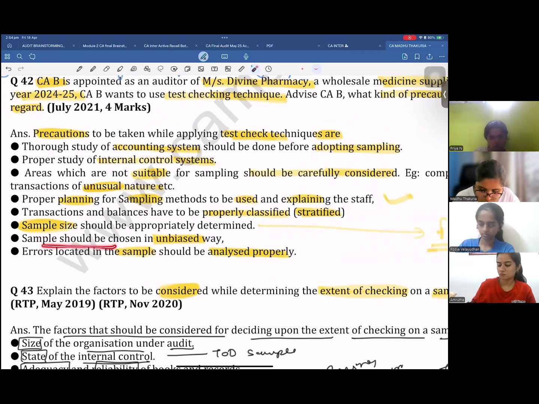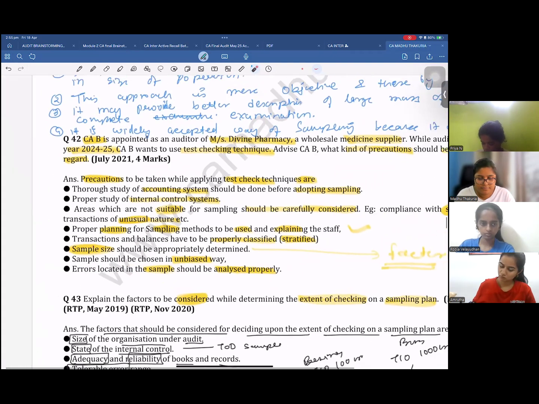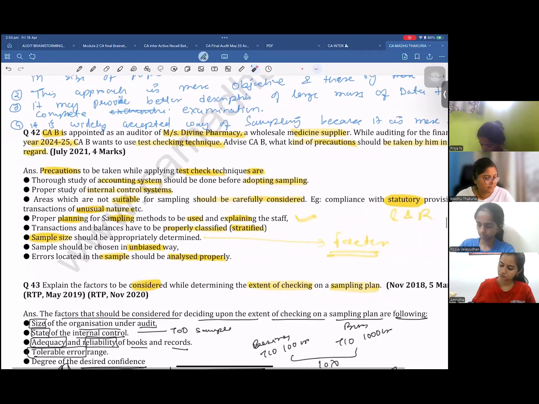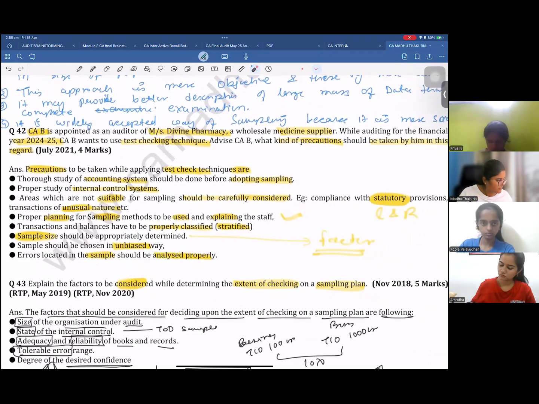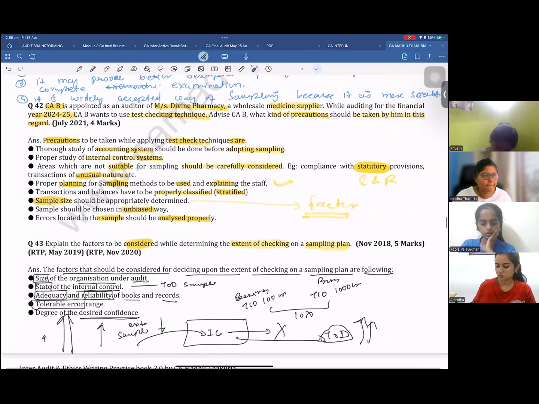The sample should be chosen in an unbiased way, and errors located in the sample should be analyzed properly. This applies to both statistical and non-statistical sampling.